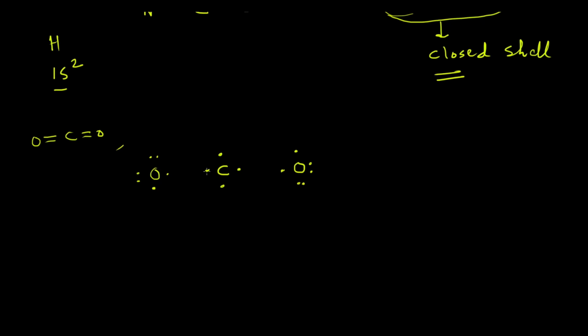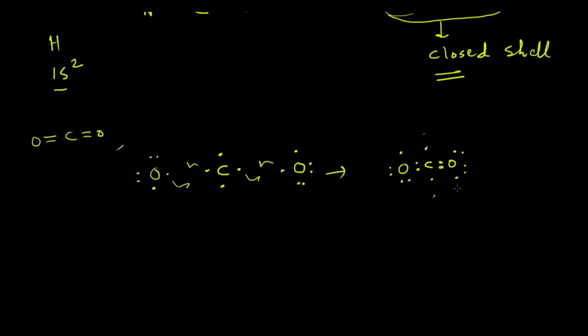So here carbon has 4 unpaired electrons, and 2 of them will participate in forming 2 oxygen-carbon single bonds. But now after forming 2 covalent bonds, carbon has 2 unpaired electrons, and oxygen also has 1 unpaired electron in each oxygen atom. And what will happen next?